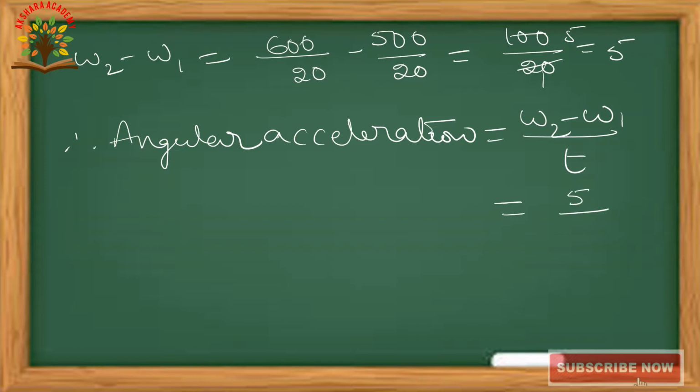T they given as 2.0 seconds, that is nothing but 2 seconds. 5 by 2 is 2.5. So angular acceleration we are getting 2.5 radians per second square. This is the final answer. Angular acceleration is equal to 2.5 radians per second square. We'll go to the next question.